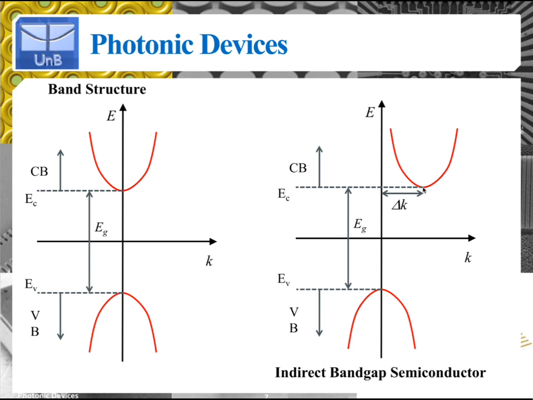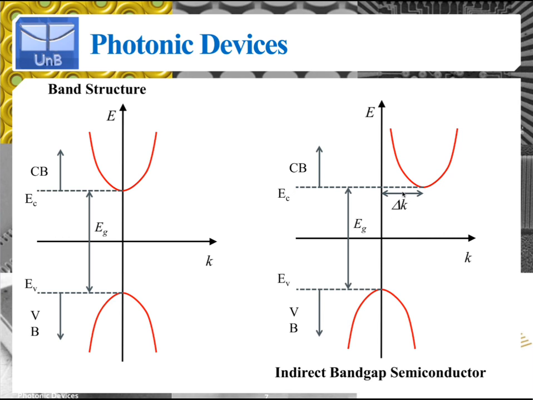So if the electron needs to go through a change in K, it needs to go through a change in its momentum. So somehow the momentum of the electron also needs to change, besides the energy, which would be given off in the form of emitted electromagnetic radiation, a photon. You would also need a change in momentum, and this is not very likely to happen.